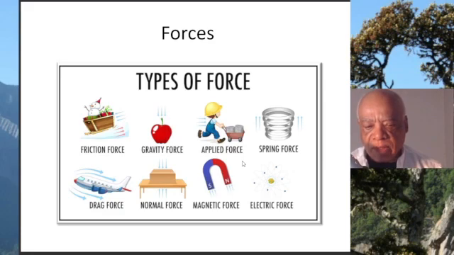The common thing that we observe is that you will be pushing something, like this example of the person pushing the wheelbarrow. Then there's the compression or spring force. And this is an interesting one, where you're going through a fluid like air or water, and you have this drag force that will actually lift the airplane up into the air.